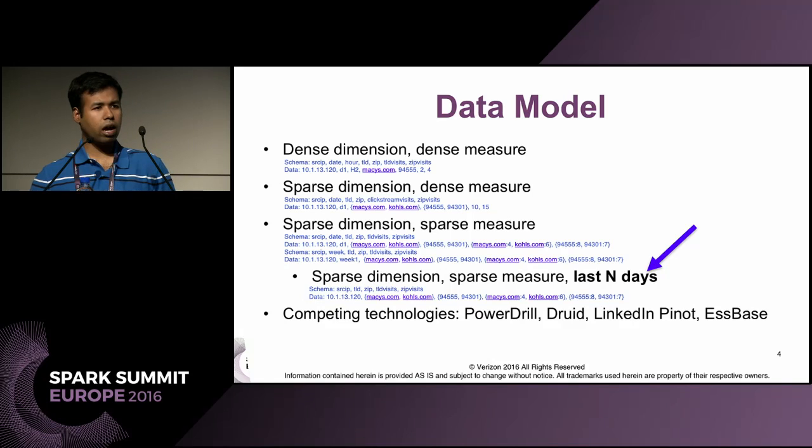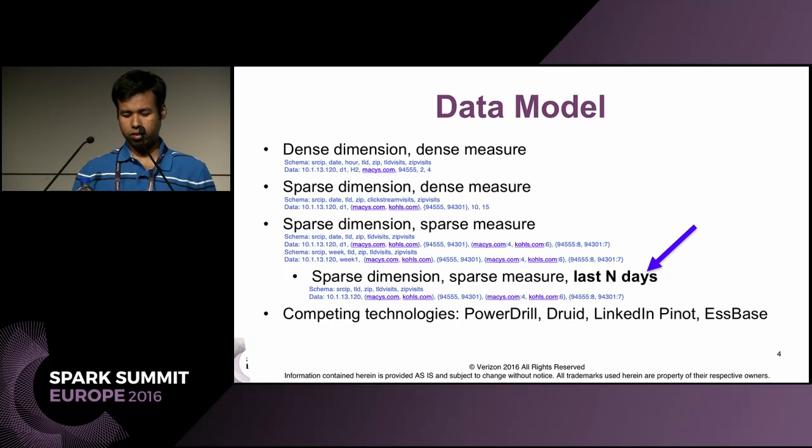If you have made use of any of the MLlib datasets, you know that there are concepts like dense dimension, dense measure. What it means is that, say, the schema of the data is source IP, and then on a source IP, you get a certain day, certain hour, which TLD this source IP is connecting to.